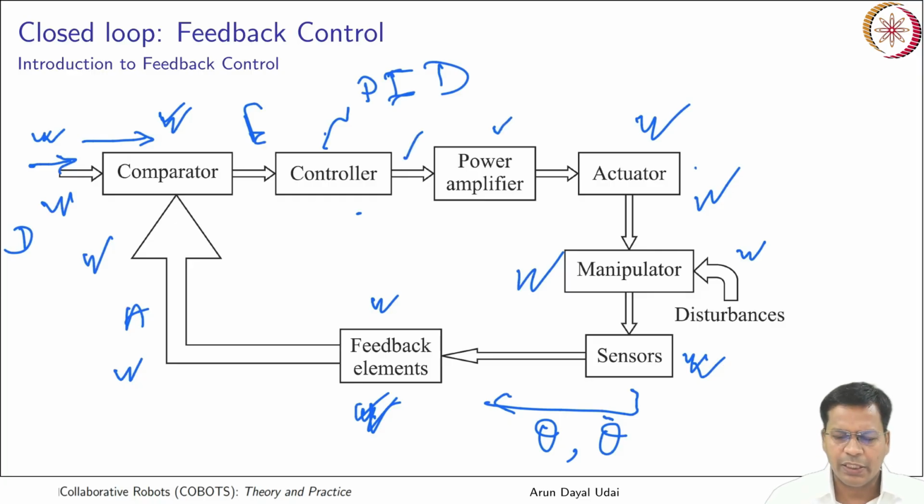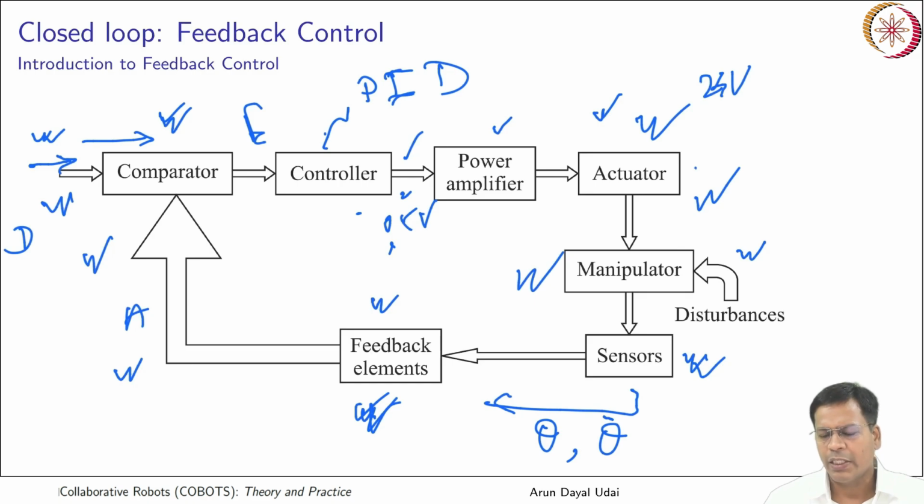Power amplifier basically converts the incoming signal to actuator compatible power. So if it is a 0 to 5 volt signal, it can be a 24 volt motor at your joints, or if it is a synchronous motor, it can be an AC signal also. Accordingly this power amplifier will convert the type of electrical load that goes from here to here, that is acceptable to the actuators.